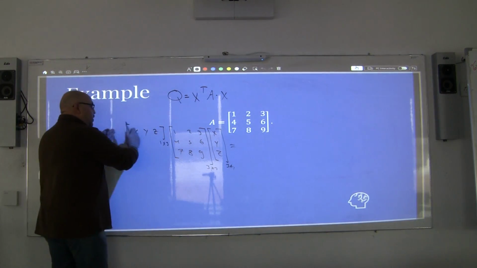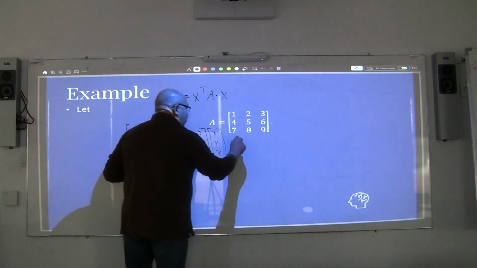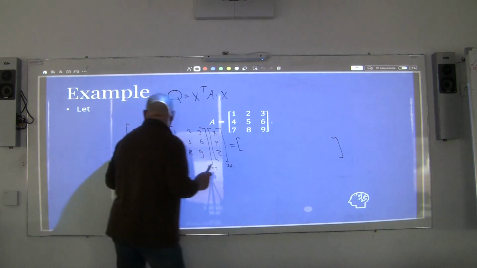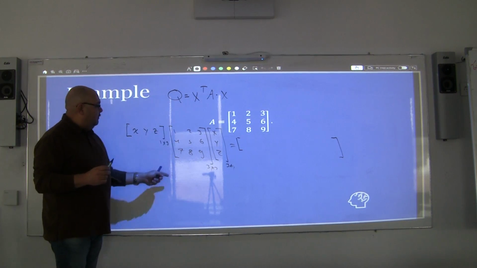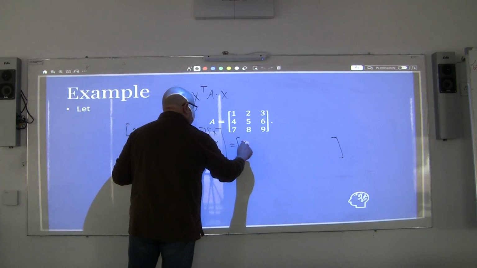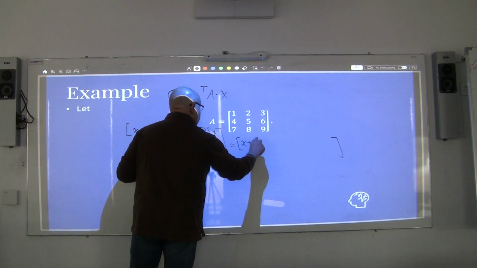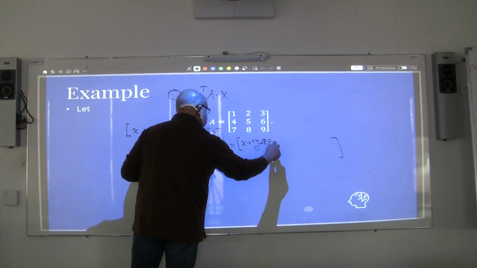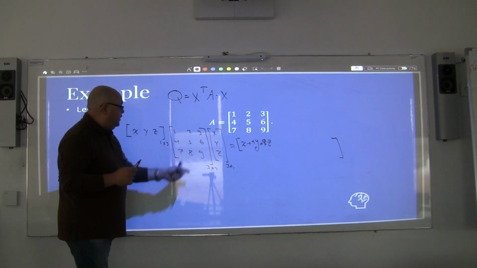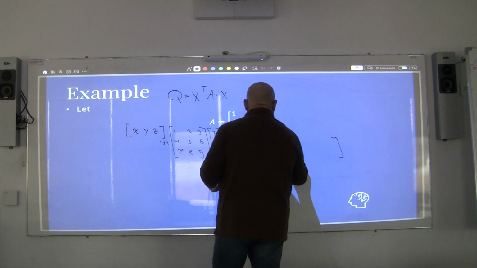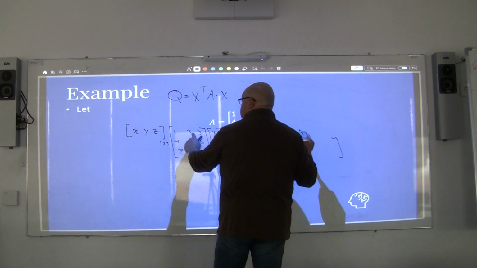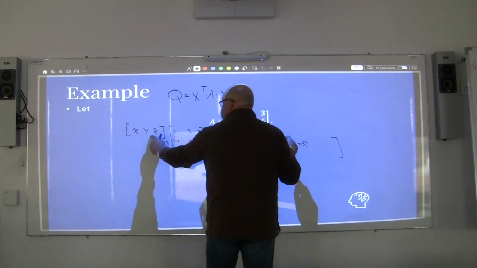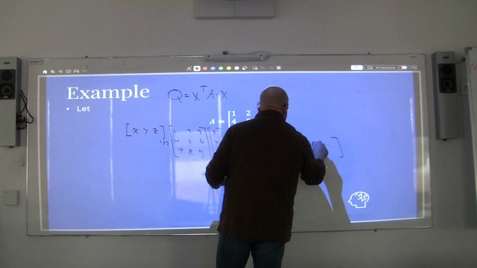If I multiply this row by the matrix, I will have a 1 by 3 matrix. I will multiply x, y, and z times 1, 4, and 7, which gives x plus 4y plus 7z. Then multiplying by the second column, I will have 2x plus 5y plus 8z.